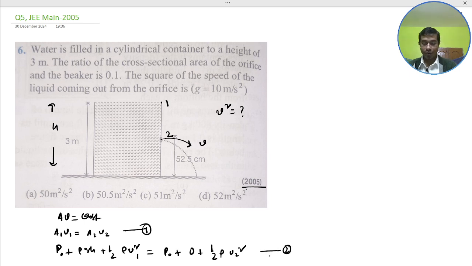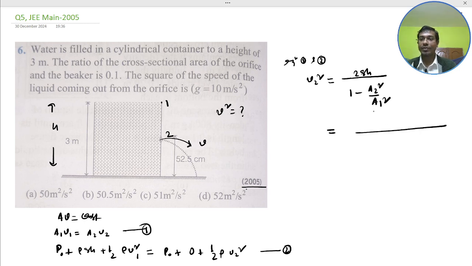This is equation number 2. So from equation 1 and 2, we get the value of V2 square equal to 2gh divided by 1 minus A2 square divided by A1 square.